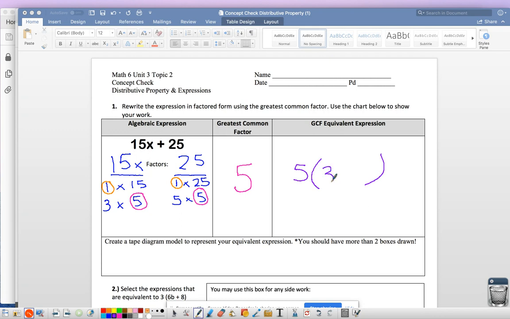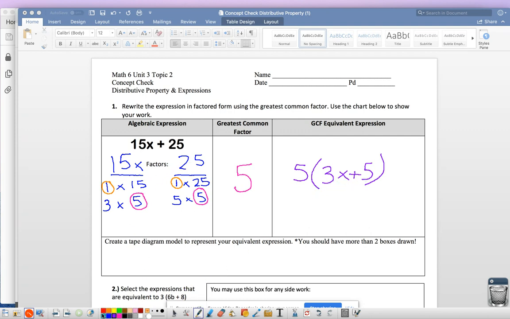So we're going to put 3x, and we see that our symbol is addition. So we want to do plus, and then we have 5 times 5. So for our greatest common factor equivalent expression, it's going to be 5 on the outside, because that's our greatest common factor, multiplied by 3x plus 5.